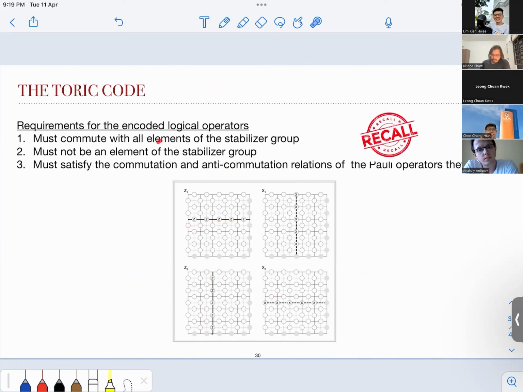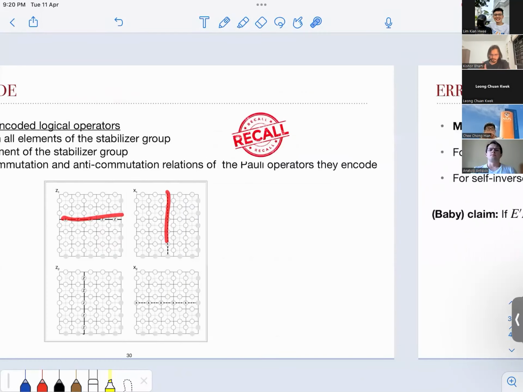An encoded logical operator must commute with all elements of the stabilizer group, must not be an element of the stabilizer group, and must satisfy the commutation and anti-commutation relations of the Pauli operator it encodes. We need this condition: it should commute with the stabilizers, but should not be a stabilizer itself. And these are our Z, X, and so on.